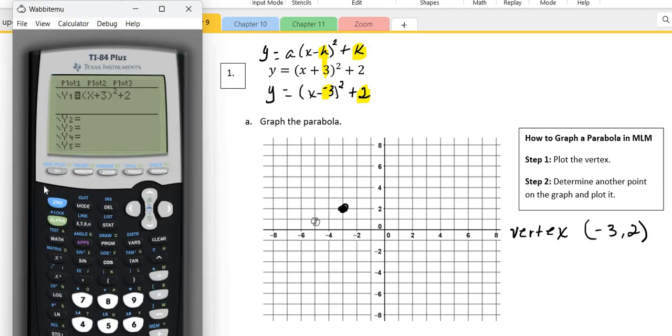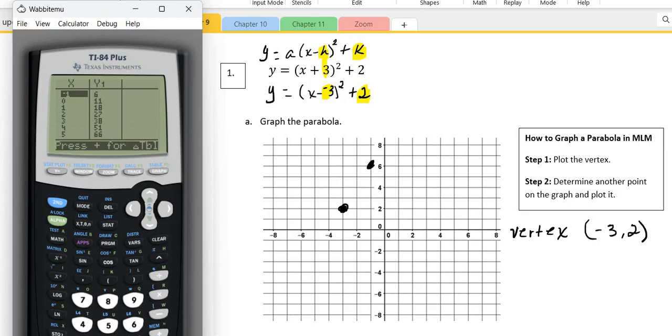Next thing I need to do is to go to my graphing calculator and look at the table. So second graph will get me to the table. And I just need to find another point in my table that I can plot here. And I'm just going to use the point negative 1, 6 just because that's the first thing that popped up in my table. So I have that point plotted.